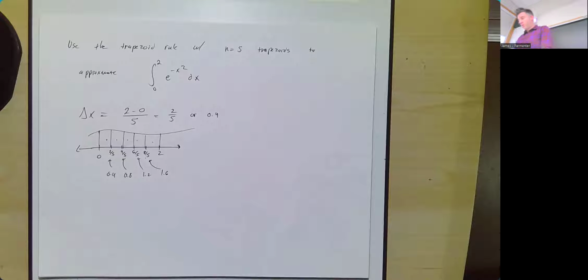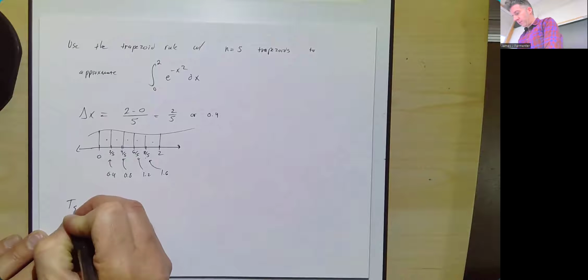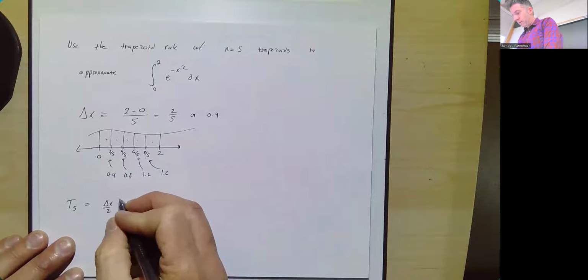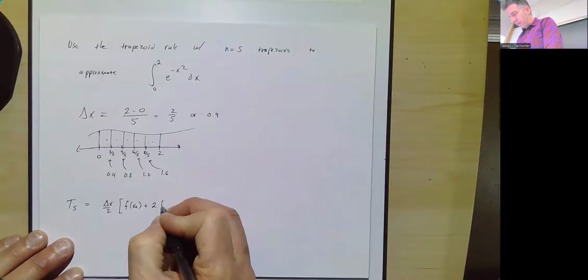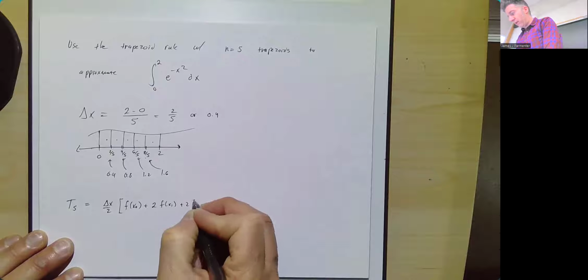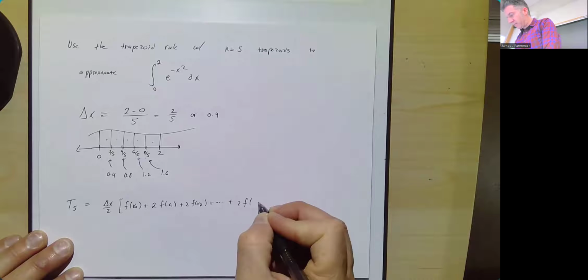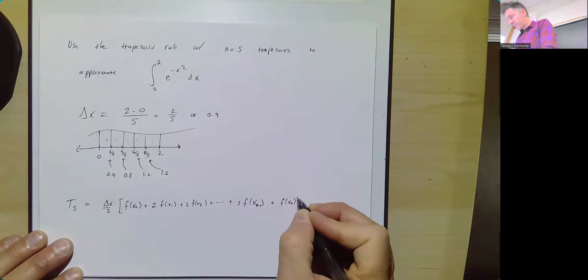We know the formula here is that T5 is delta x over 2 times f of the first value plus twice f of the second value plus twice f of the next value, all the way to twice f of the second to last value, and then finally 1 times f of the last value.